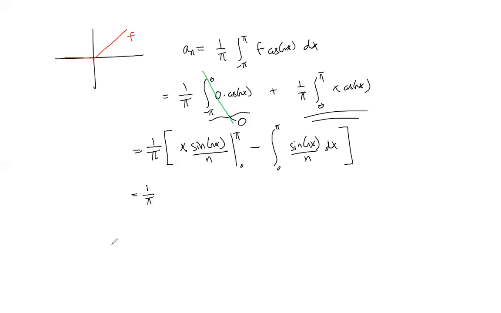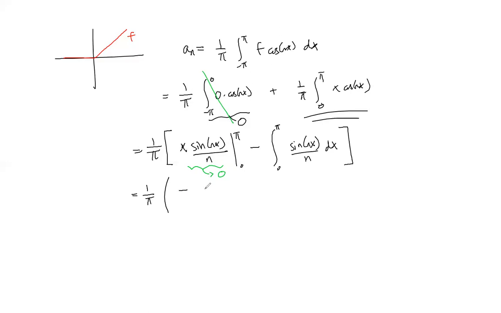Okay, and now we evaluate this. This term over here is going to be 0 because we're evaluating it at pi and 0, and sine of any multiple of pi is 0.